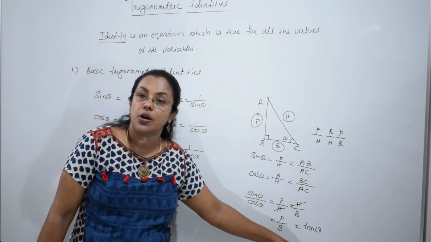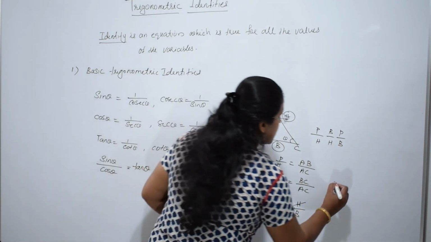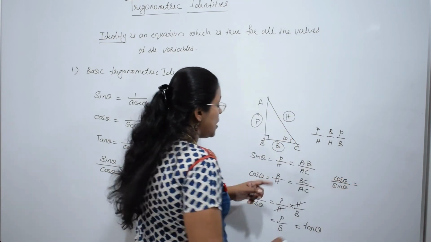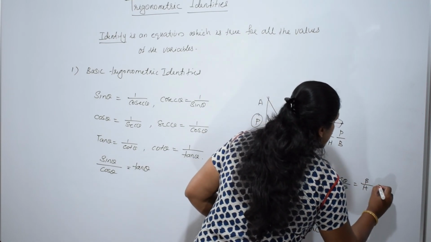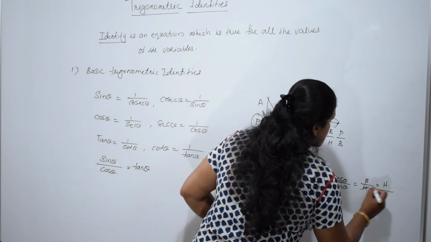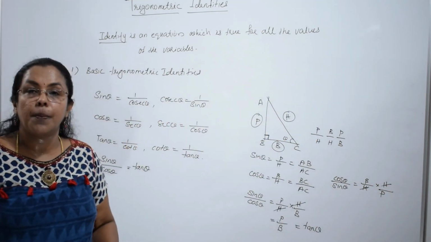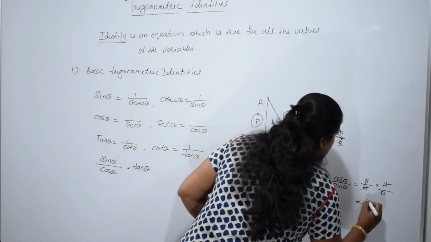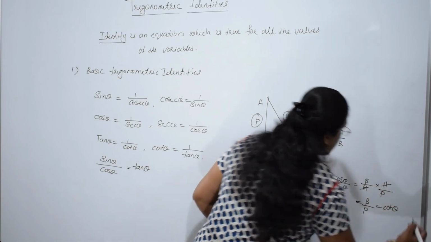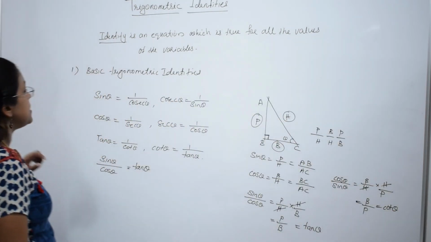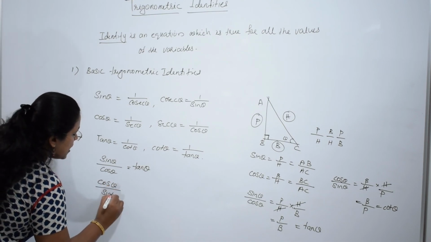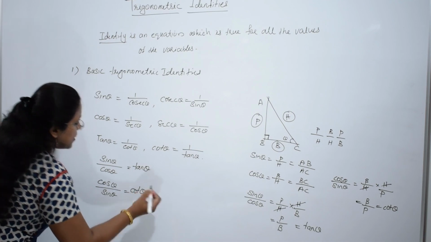Multiplying by hypotenuse upon perpendicular, we get base upon perpendicular, which is cot theta. This is our last basic trigonometric identity: cos theta upon sin theta is equal to cot theta.